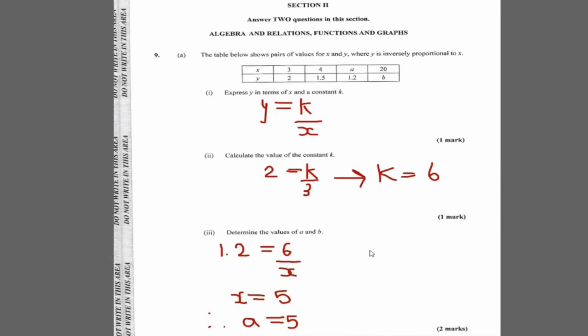So when x is 20, b is equal to k, which is 6, over 20. 6 over 20 is 0.3. So that is b, 0.3. Nice and easy.